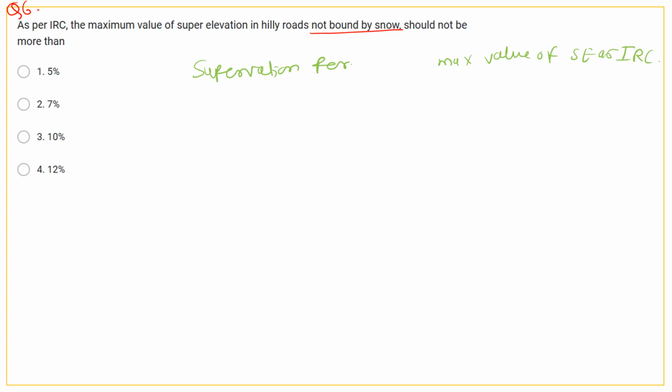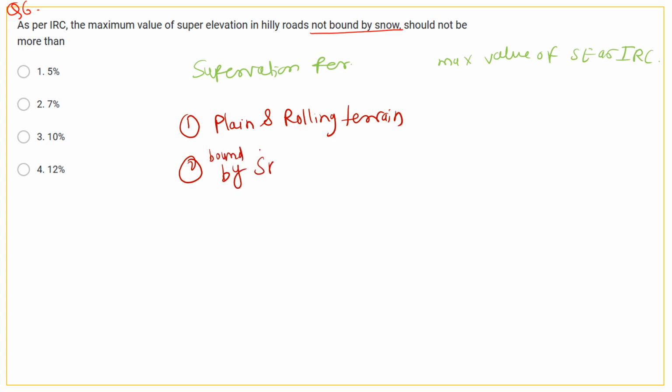First condition is super elevation for plain and rolling terrain. Second condition is bound by snow, and third one is not bound by snow. Okay, these are the three conditions here.